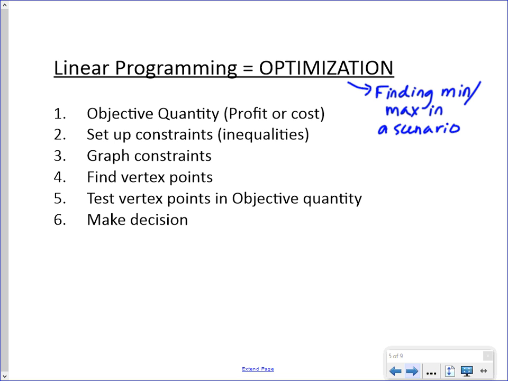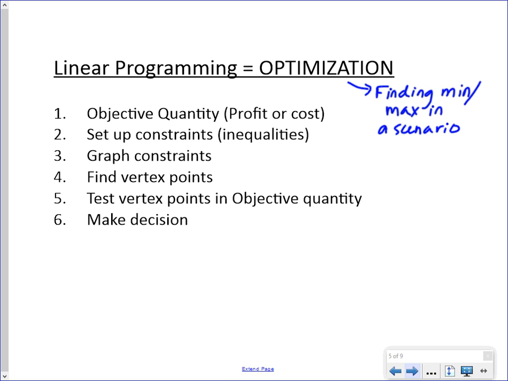If I'm talking about the computers that I was keeping in my store, and what inventory I should have, I might be trying to optimize my profit, which would mean I want to maximize my profit by keeping the correct number of computers in my store. We might also try to minimize things like cost.